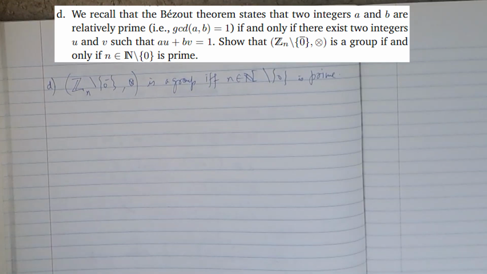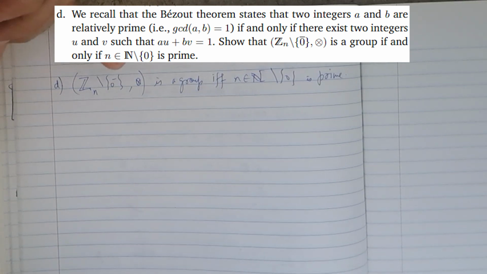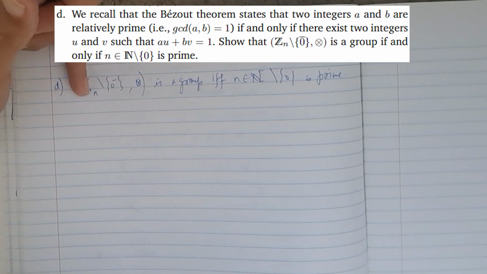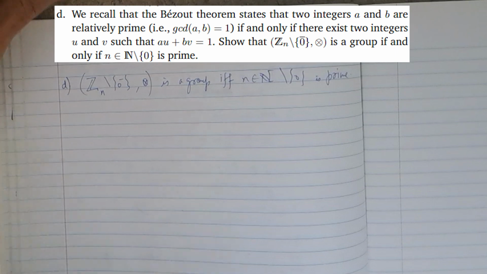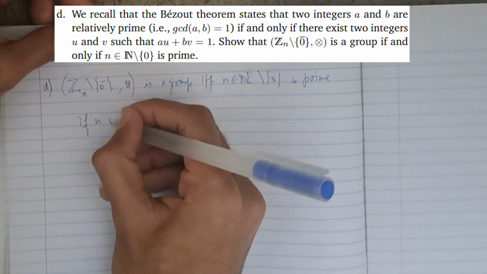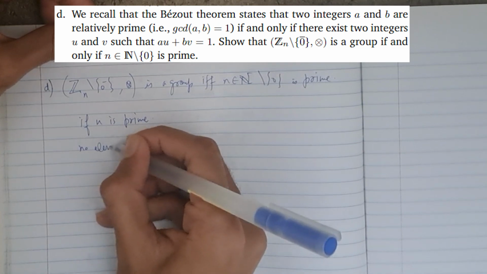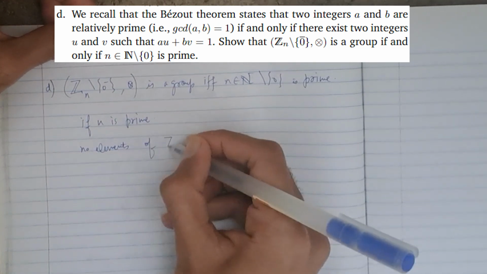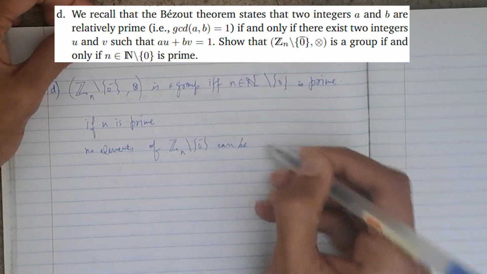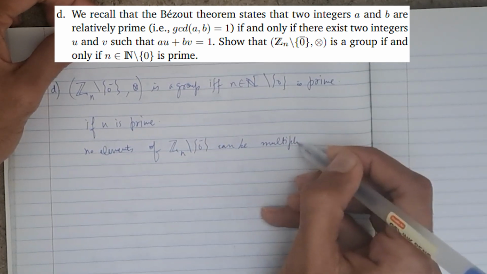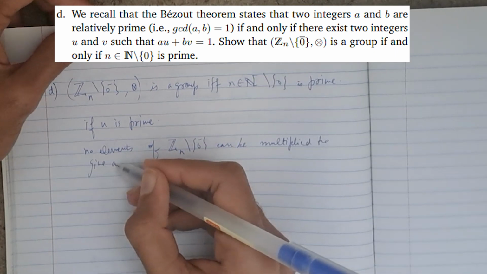So if you remember the last example, what happened was we found 2 elements in here which multiplied to give n, and therefore their modulo gave 0, which was reduced and removed. So the thing is, if n is prime, no elements of Zn can be multiplied to give n.